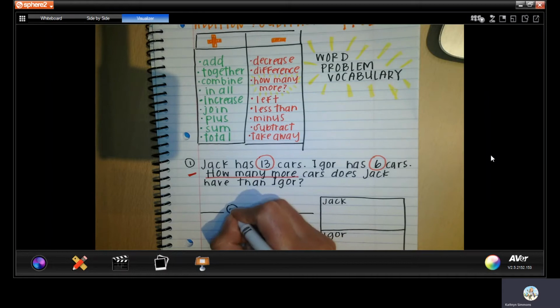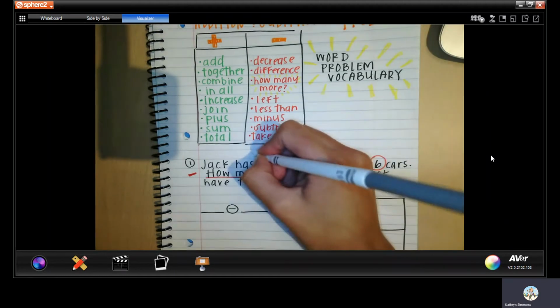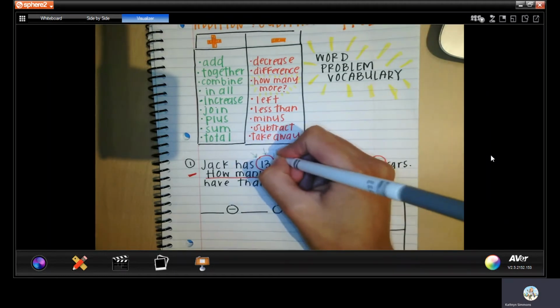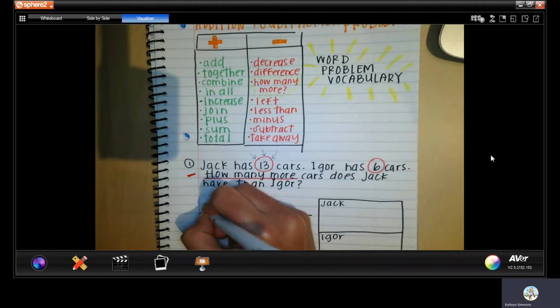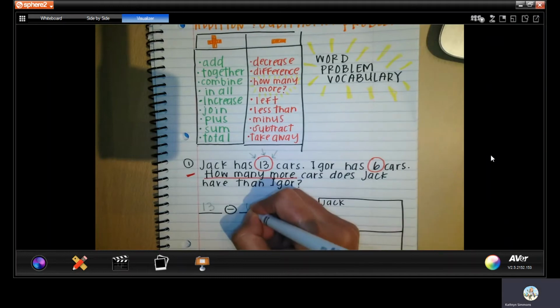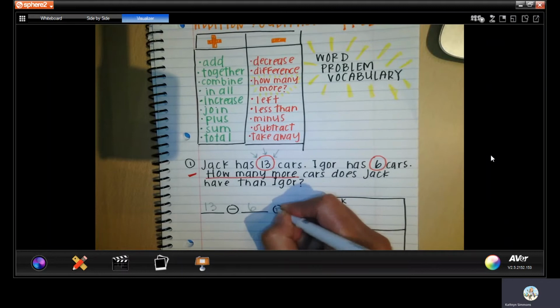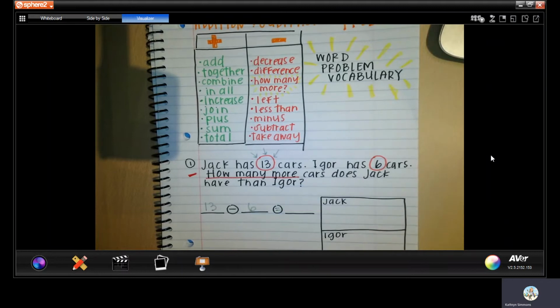I know I will be subtracting, so I'm going to make my subtraction sign. When I'm subtracting, do I start with the smaller number or the bigger number? I always start with the bigger number in subtraction. So I'm starting with 13. Jack has 13 cars and Igor has 6 cars. We want to know how many more cars Jack has than Igor. I'm going to fill in my equal symbol.